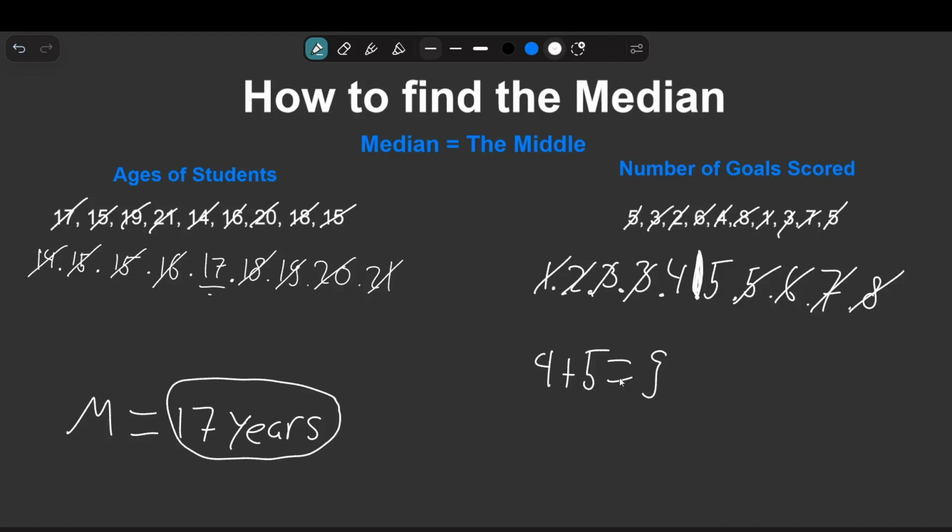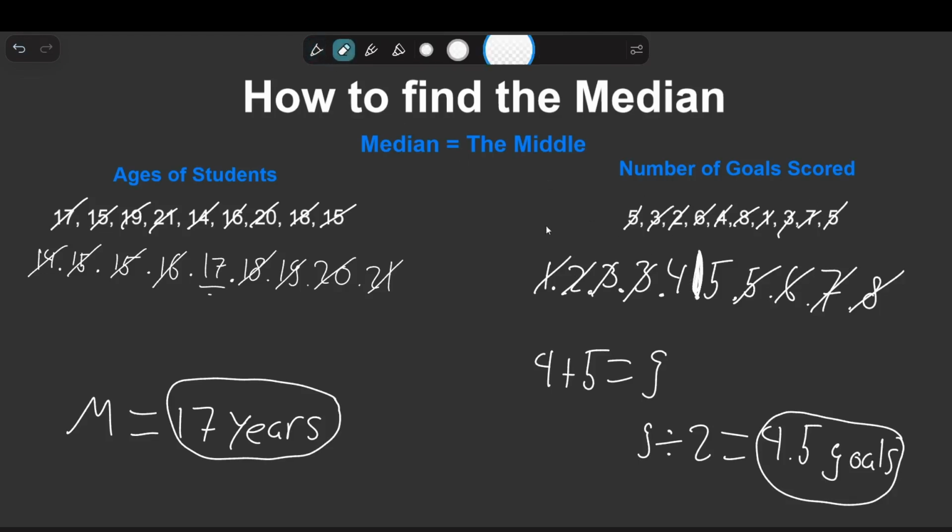So 4 plus 5 equals 9, and now we do 9 divided by 2. 9 divided by 2 will equal 4.5. So 4.5 goals will be our final answer of the second example.